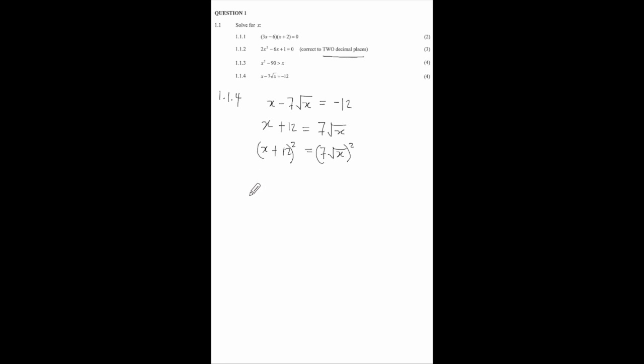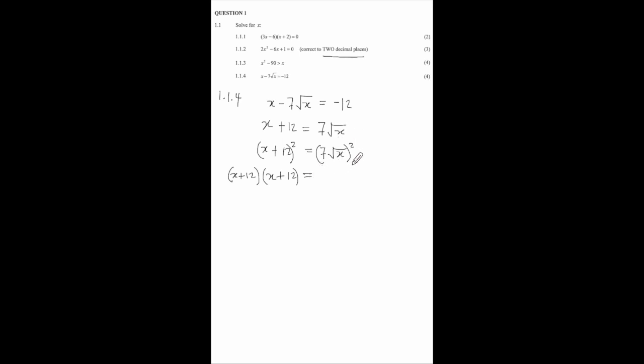Now for this side, just in case anyone has trouble expanding this, it's essentially x plus 12 times x plus 12. That's what x plus 12 squared is.